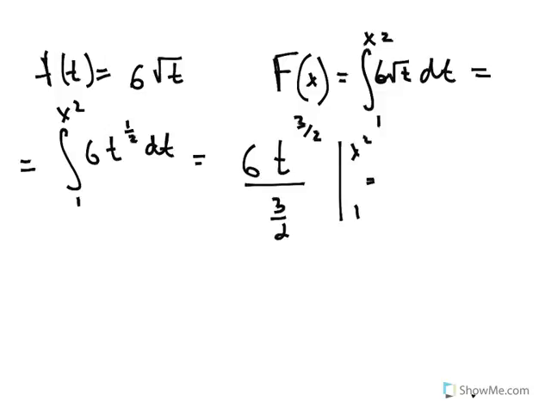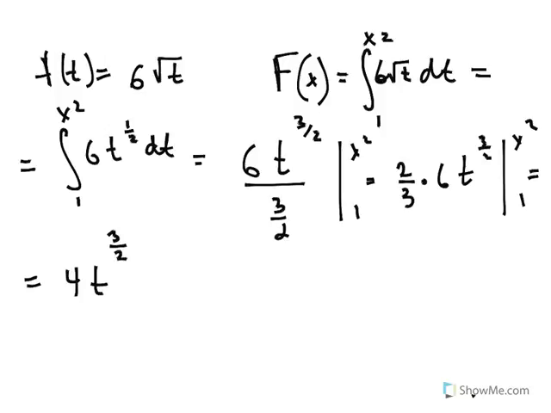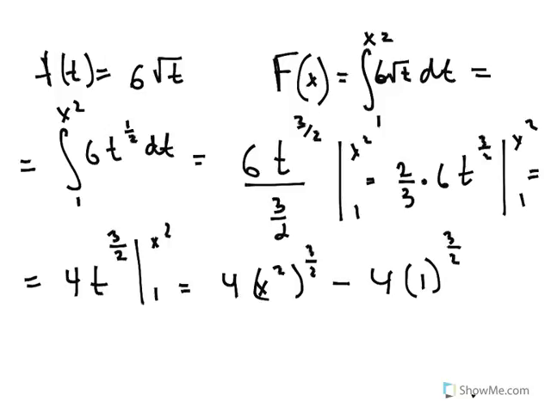So that becomes 2/3 times 6 t to the power of 3/2, which is just 4 t to the power of 3/2. Now we're going to plug in x squared. We get 4 x squared to the power of 3/2, and then minus 4 times 1 to the power of 3/2.